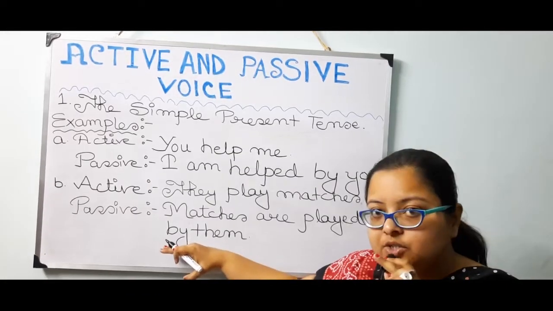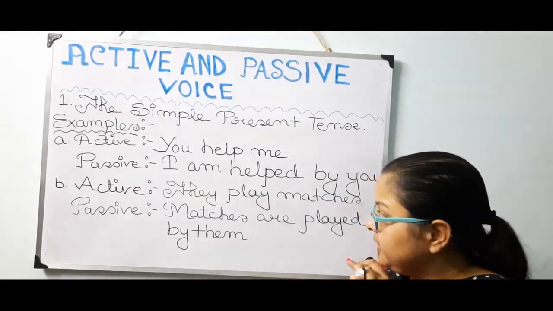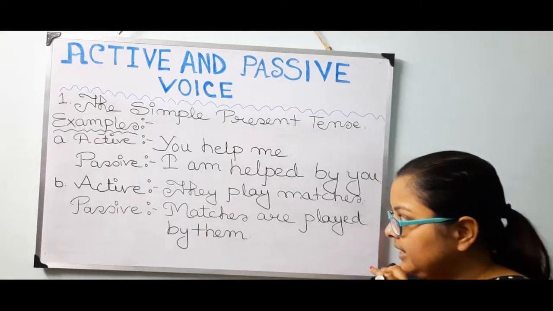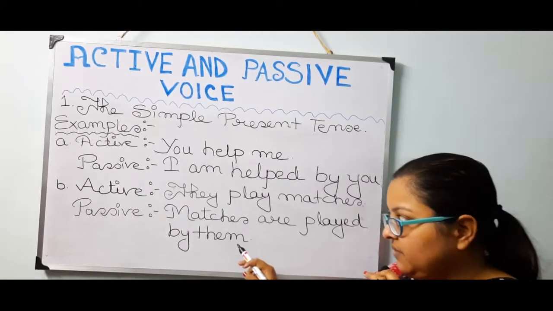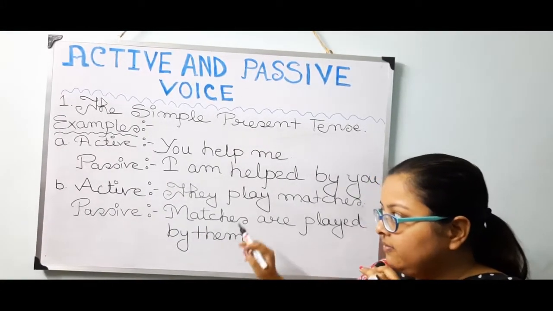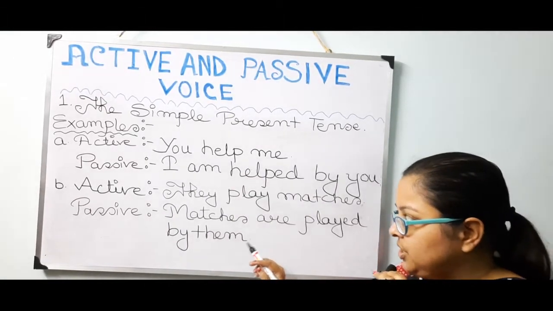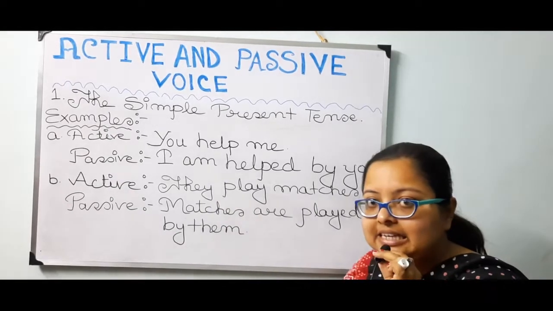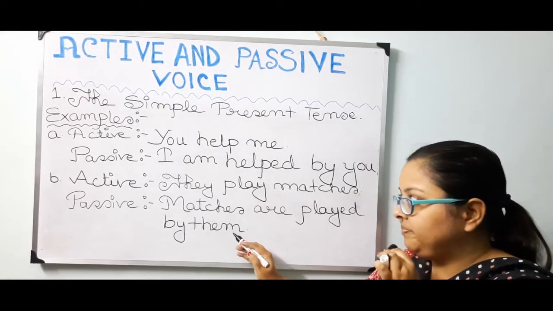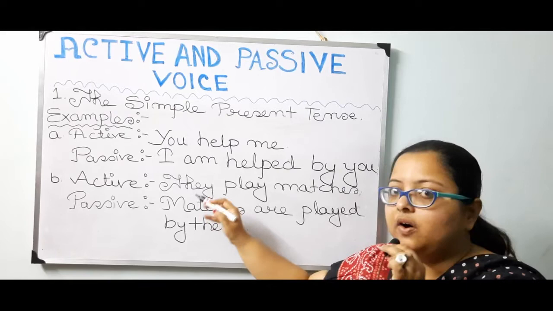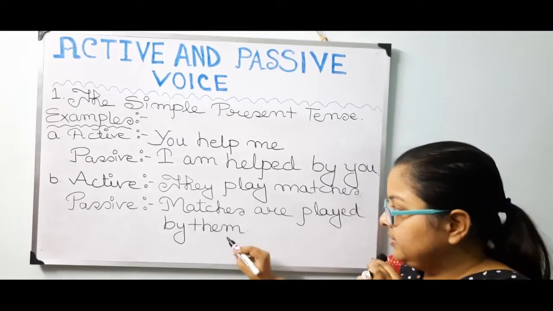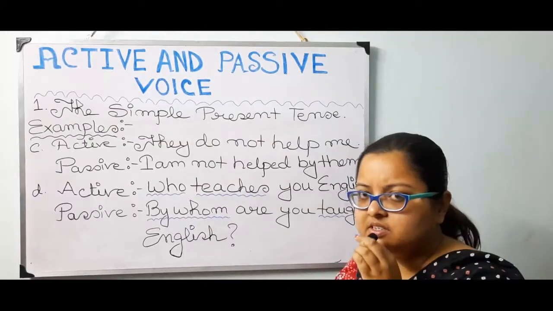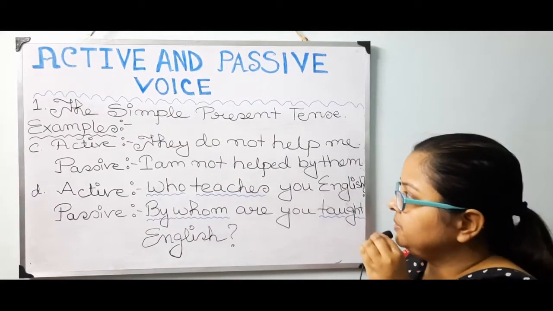Then according to the rule by, then they, the subject of the active voice, is turning into the object of the passive voice, and when it is getting changed into the object of the passive voice, they is getting changed into them, or this very word is turning into them. Students, look at some more examples.